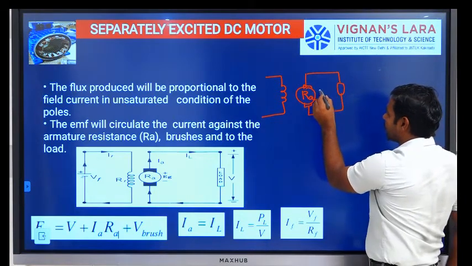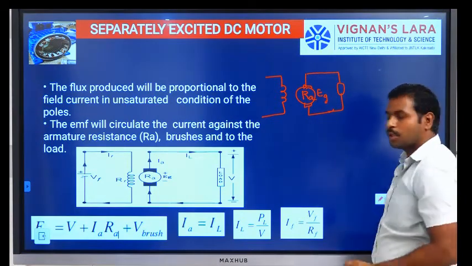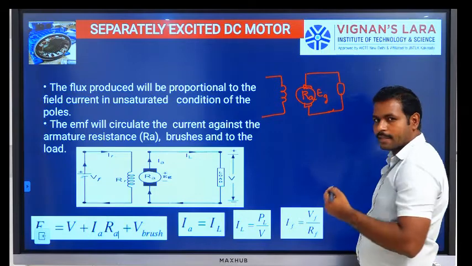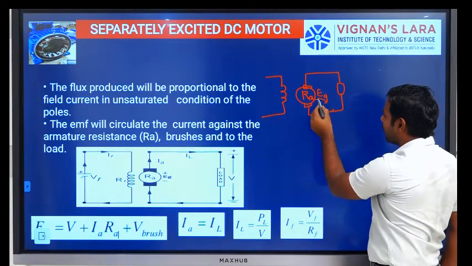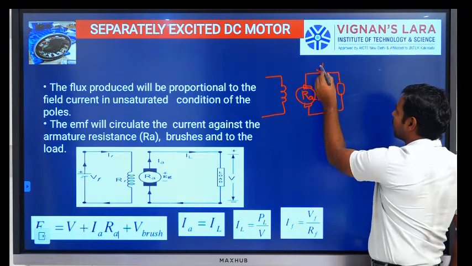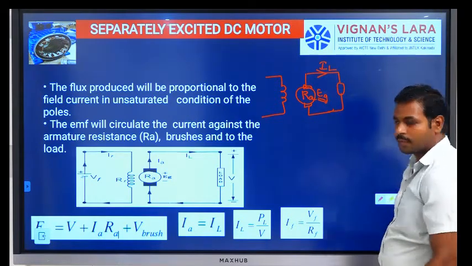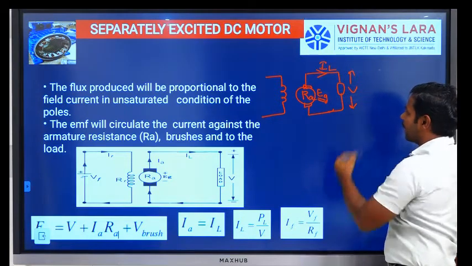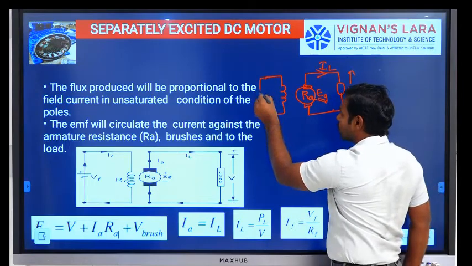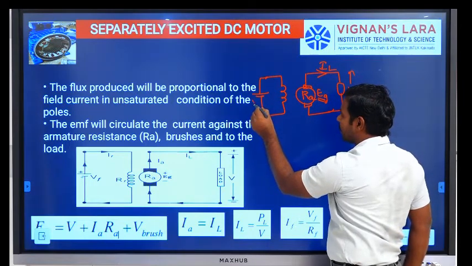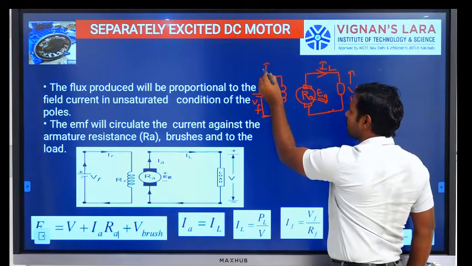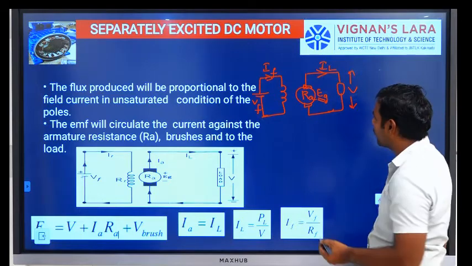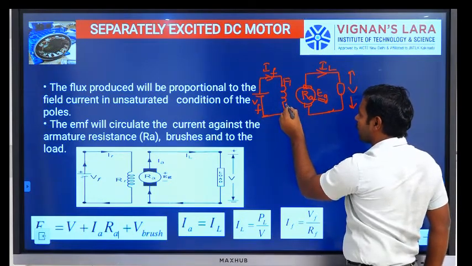The generated voltage is Eg; during operation the rotor conductors generate this EMF. The current delivered to the load is IL, and the terminal voltage is denoted by V. The independent voltage source given to the field is Vf, the corresponding current is If, the field current, flowing through F1 and F2.